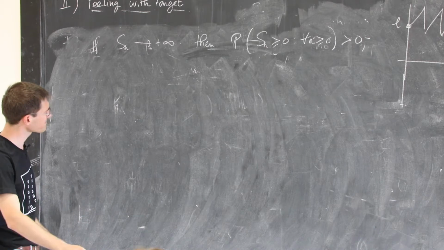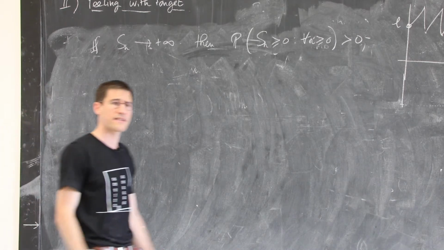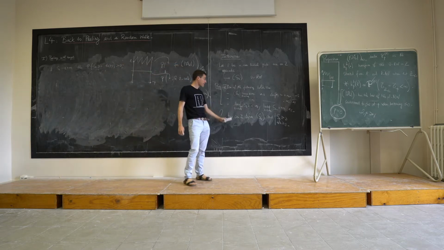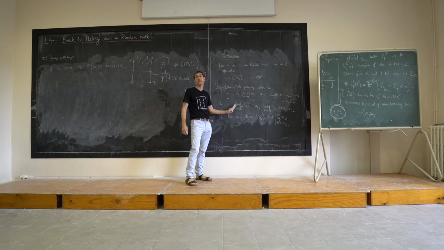So you're fine. But in the other case, that's an event of 0 probability, because if your limit is minus infinity almost surely, then that means this is conditioning on a 0 probability event. It's even worse if you want to go to minus infinity.